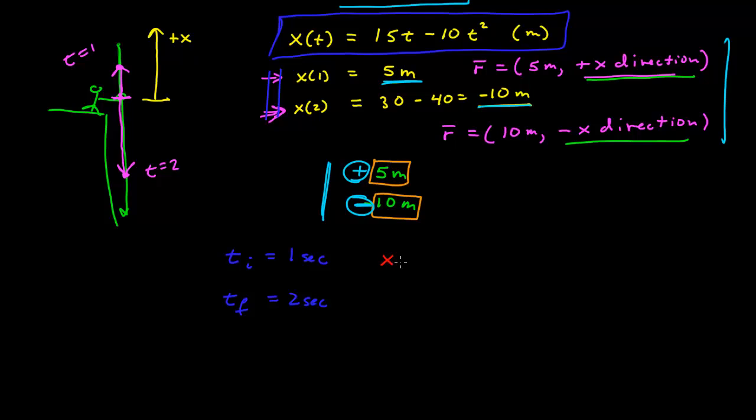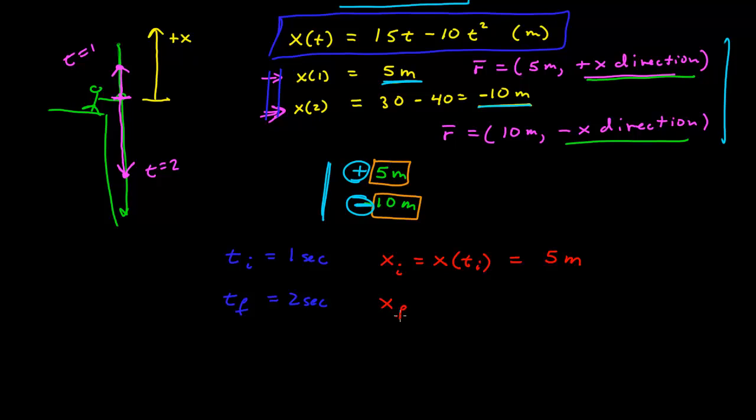And so I might call the initial position x sub i, which is equal to the position function evaluated at t sub i, which in this case was equal to 5 meters, which represents a vector of magnitude 5 meters pointing in the positive x-axis.